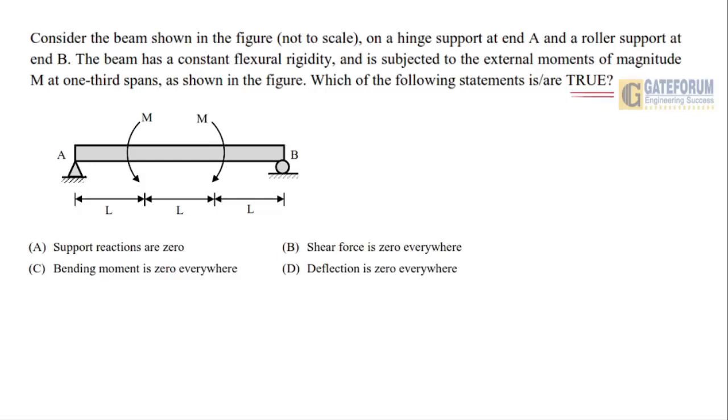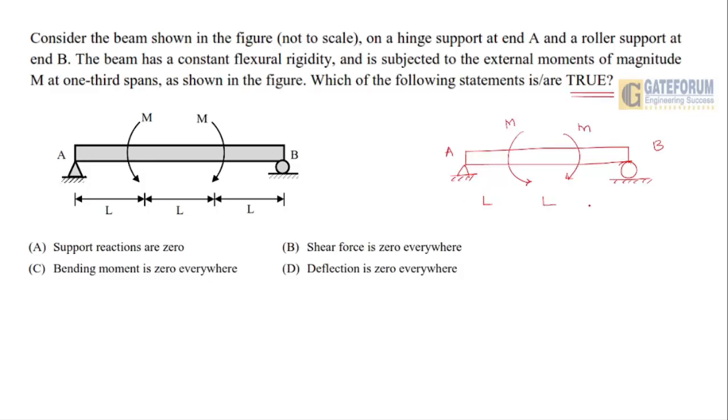So when we are talking regarding the free body diagram of this beam, again this is from beams, right? Shear force, bending moment. We have a hinge end A, B. You'll have a moment acting on it.